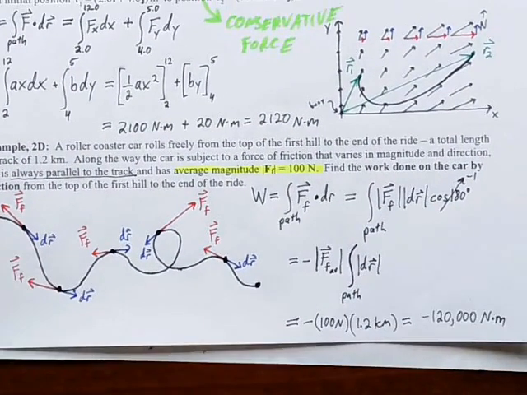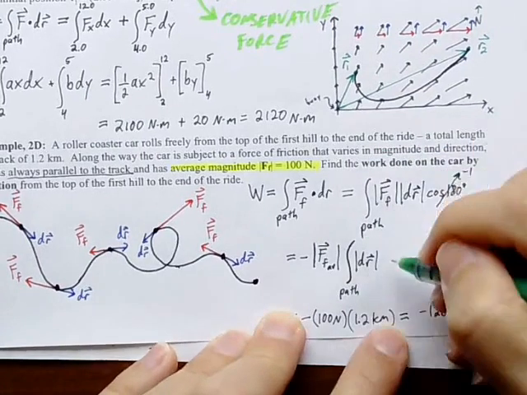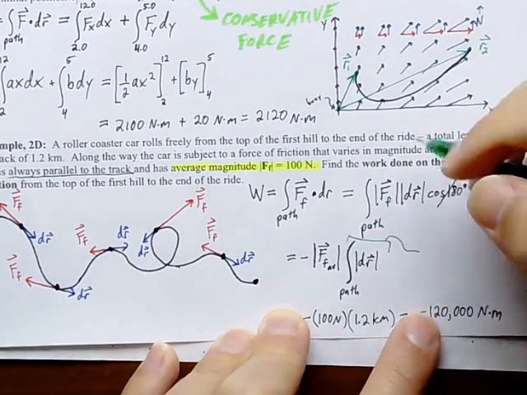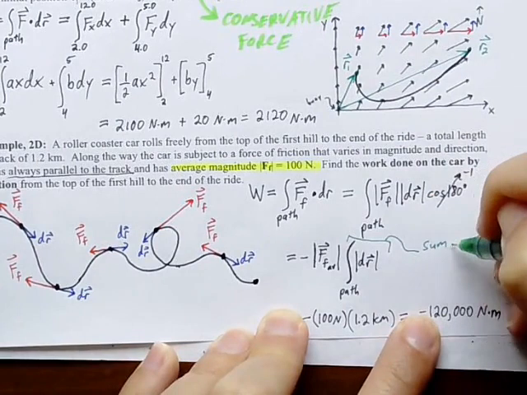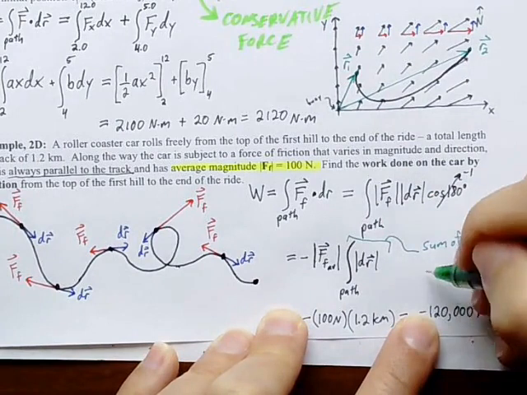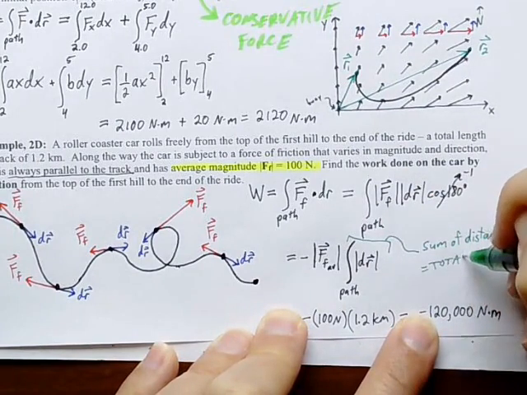So the key idea here was that this represented the sum of all those little distances, sum of all those steps, giving us the total path length.